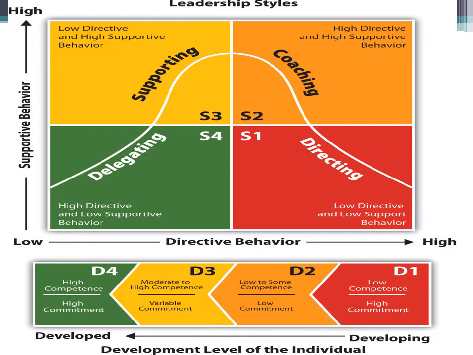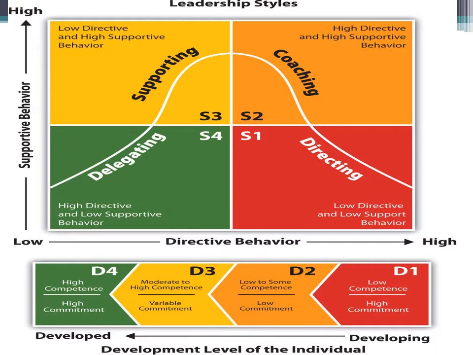I will explain here four leadership styles according to the theory we are discussing. These leadership styles are S1 directing, S2 coaching, S3 supporting, and S4 delegating. Although so many leadership styles have been discussed, here we are discussing only four.